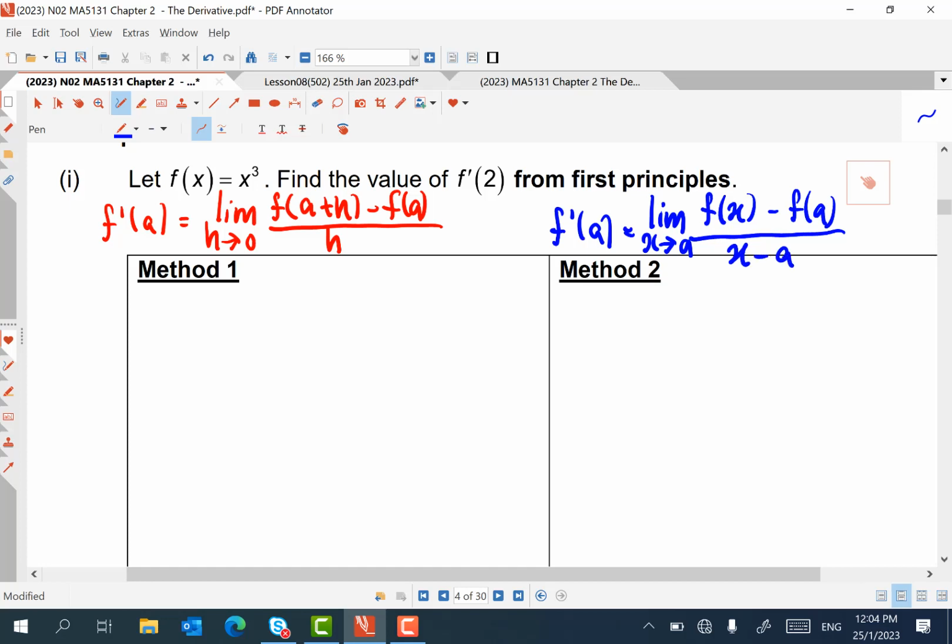So now on the left side, let's do the red color, and on the right side, the blue color. Can you try right now? So to find f prime of 2, by definition, you become the limit as h goes to 0 of f of 2 plus h minus f of 2 over h.